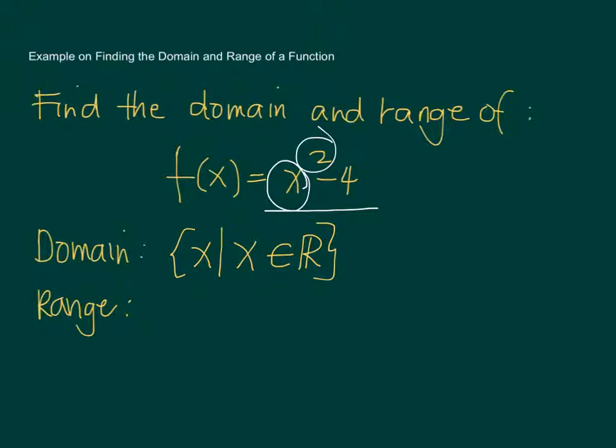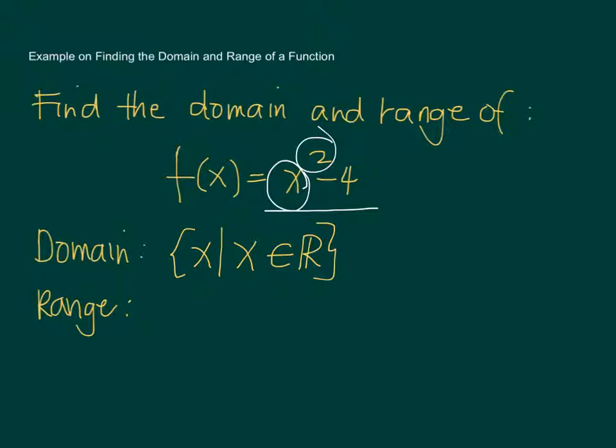Sometimes the range is not too obvious, unlike the domain, where you just analyze and check if any number will work on the function. For the range, my common method is to identify the graph of the function. In most cases, the given function comes from a basic function.